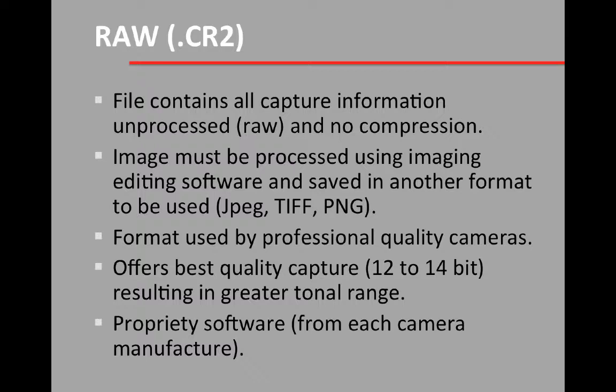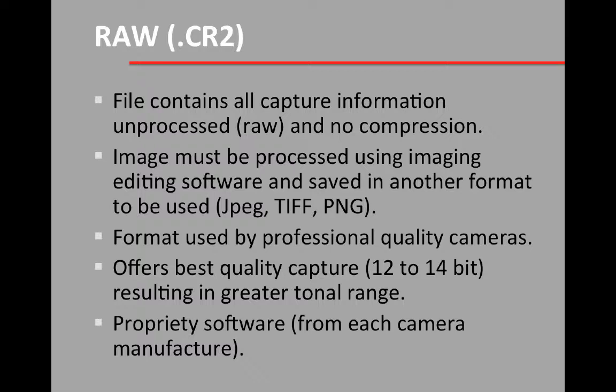Now the big difference between a JPEG image and a RAW image is generally the bit depth. And bit depth controls the tonal range of the image, the amount of variety of shades that you might get across each tonal value. The ideal format for RAW is when we process that RAW file, we process it in 16-bit.